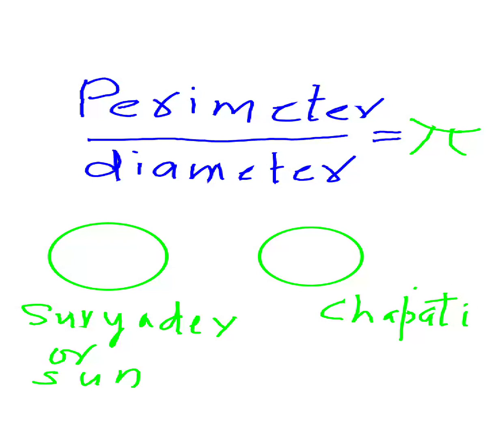If you know the perimeter of them, if you know the diameter of them, and you take the ratio, they are all linked with this pi, okay.